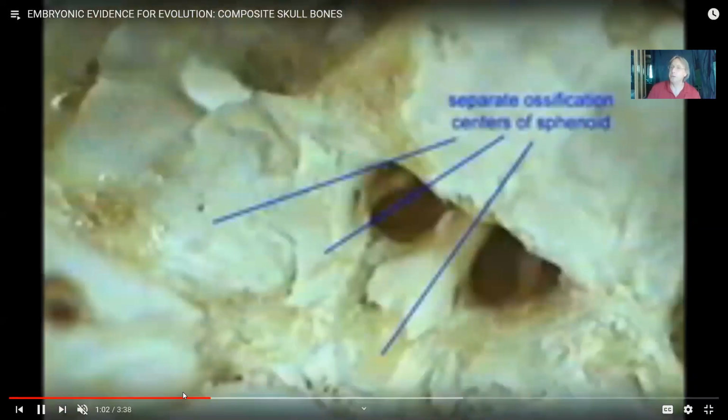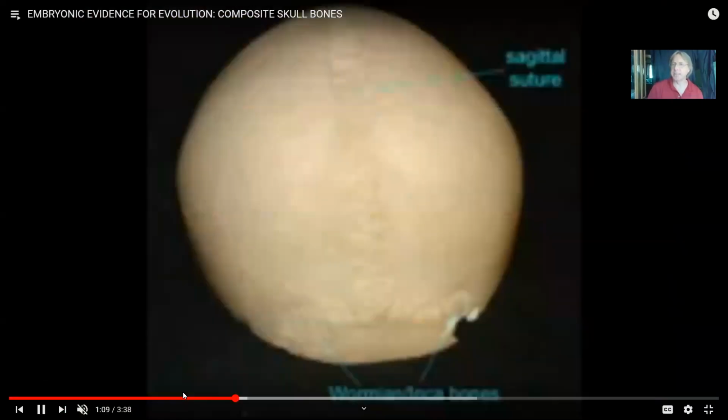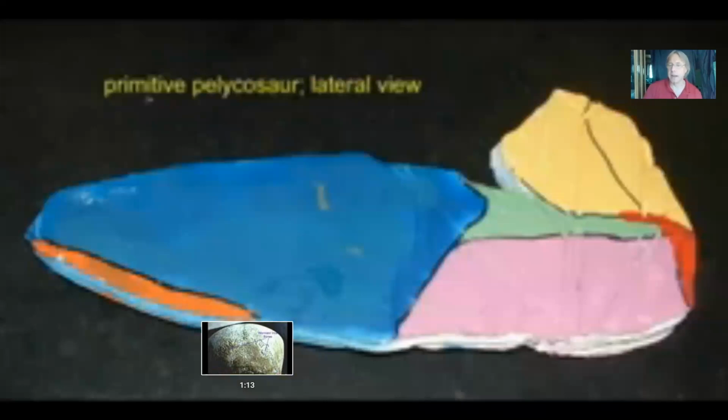Not only the separate ossification centers, but the same ossification centers as we see in, say, reptiles. So just as reptiles have a basio-occipital and exo-occipitals, so did I as a fetus, but these then just fused together to make my occipital bone.